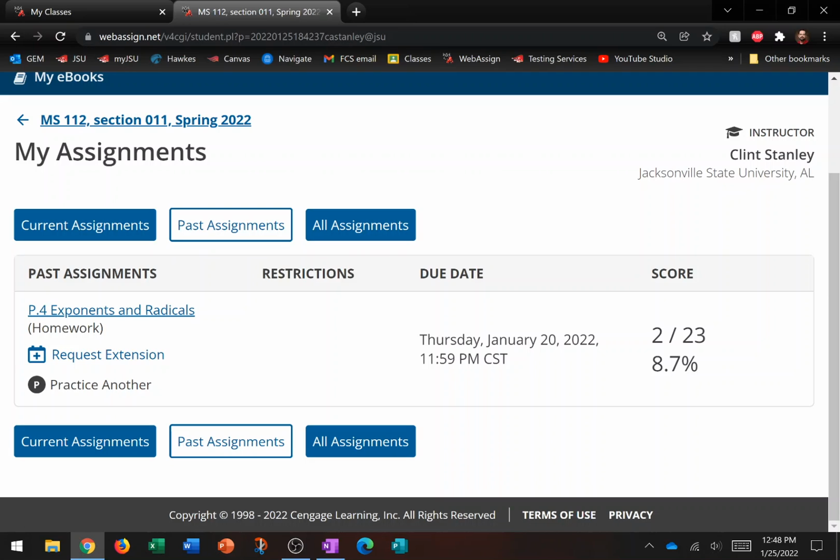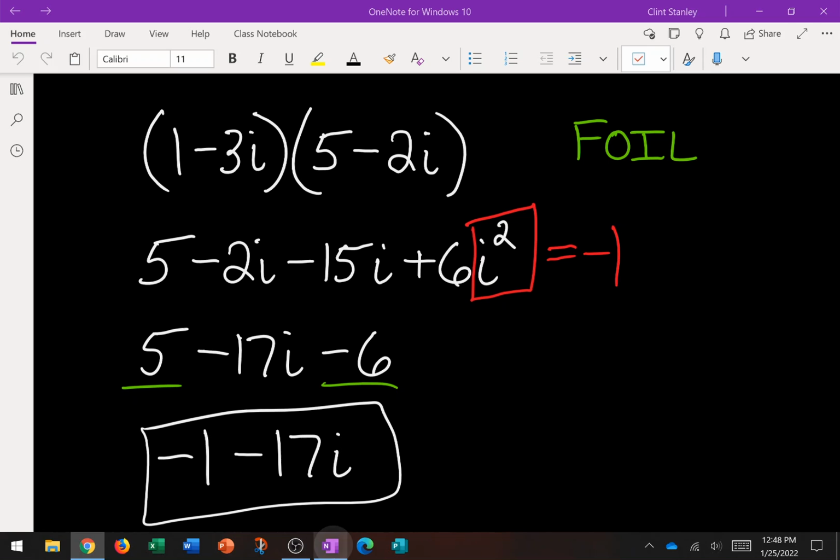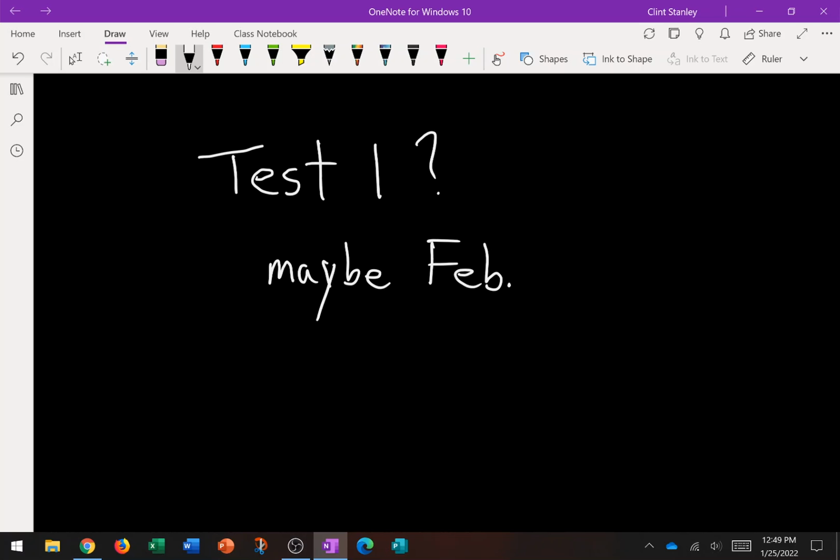Okay, and then also, last thing on my list here. We'll put this off to the side right here. I'm starting to try to forecast when our first test will be. It's looking like probably February 10th, and we'll be able to nail it down more concretely when we get a little bit closer.